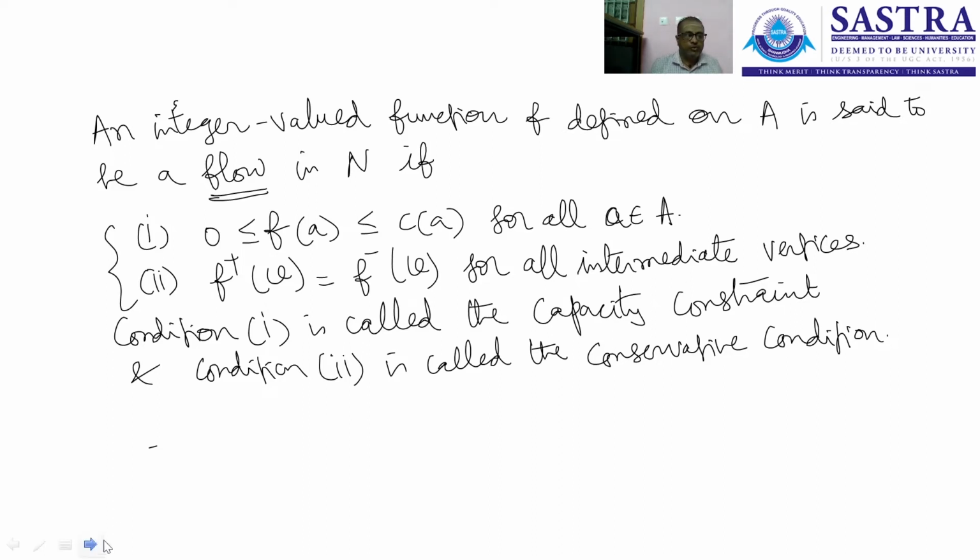Now we will illustrate this using an example. I have x going to V2, and I take the capacity as 4 for the edge x V2.